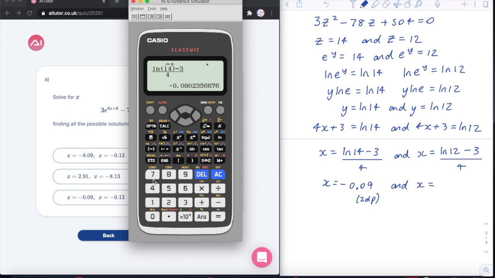And our second value of x, press AC, press the fraction key, we're going to have natural log of 12 minus 3 divided by 4. And our second answer, we also want to 2 decimal places, so that's going to be minus 0.13.